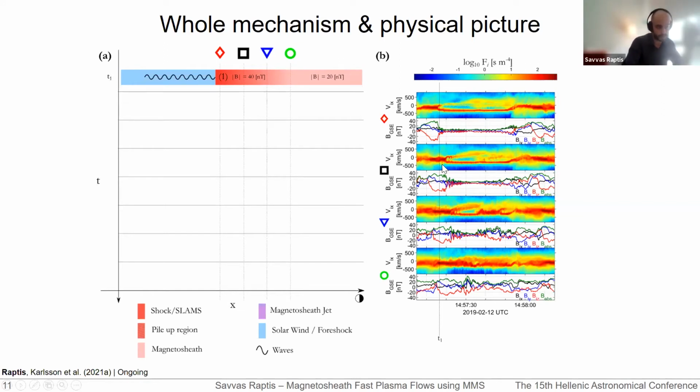So we always need to remember that those satellites are aligned from Sun to the Earth. So what the satellites see at the later time is basically the extent of the structure that the satellite MMS2 sees initially. Now, if we move to a later time T2, we see how the structure that is very visible due to its high density and high magnetic field moved from being at the edge for spacecraft 2 to be at the edge for spacecraft 4.